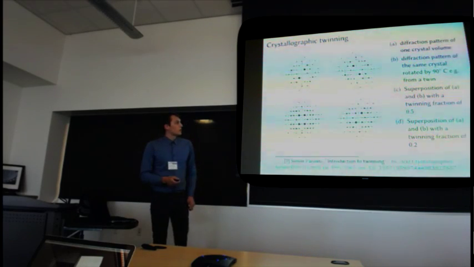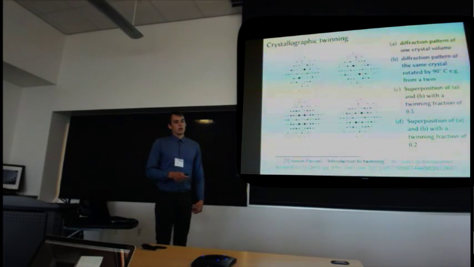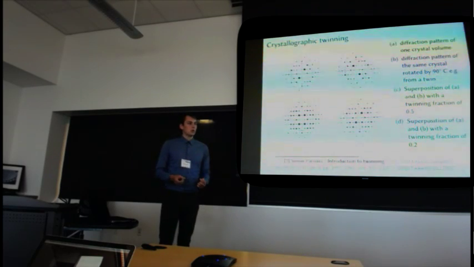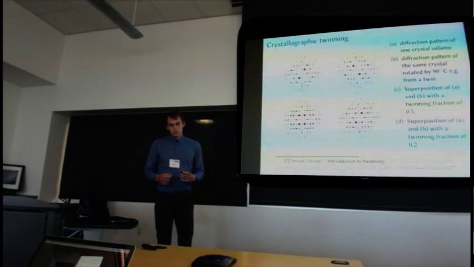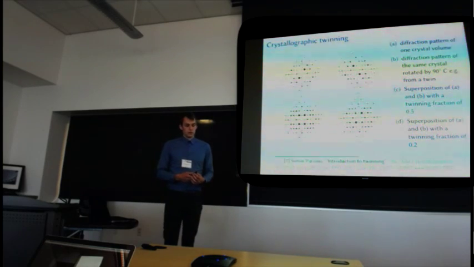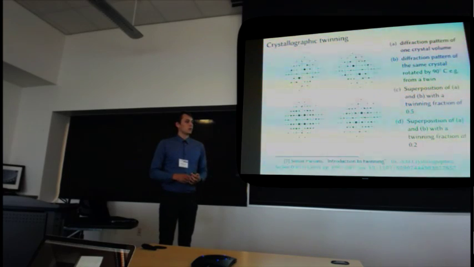I now want to come to the twinning problem, which was also a systematic error in the free electron laser data, but it was one that didn't average out in the mean.